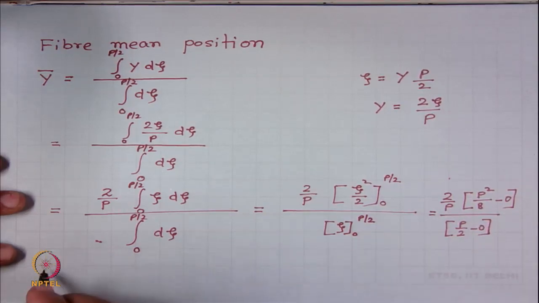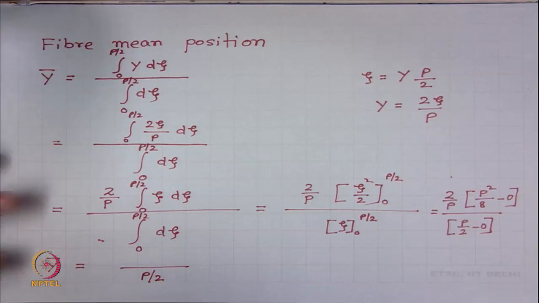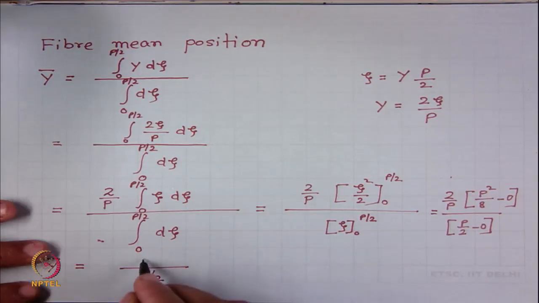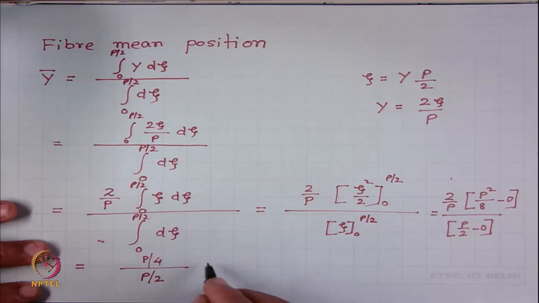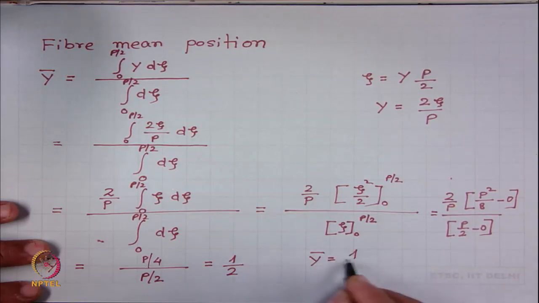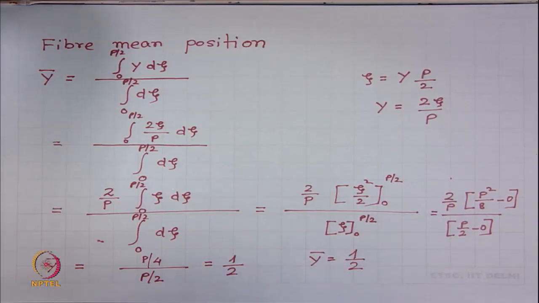So, y bar is, here it is p by 2 and there it is p by 4. So, half. Y bar is equal to half. Mean fiber position is half.